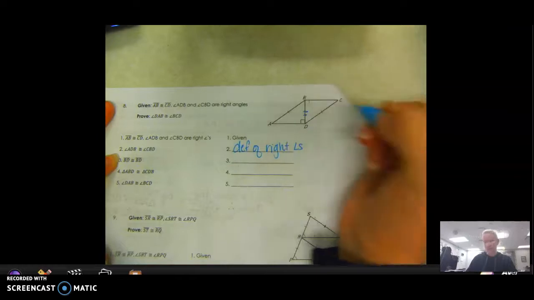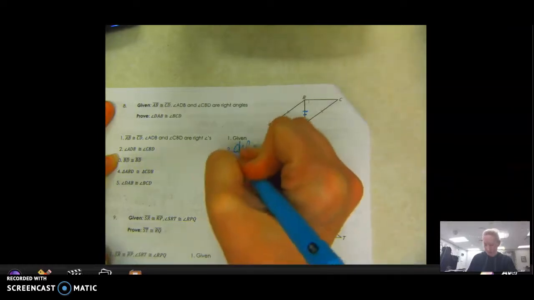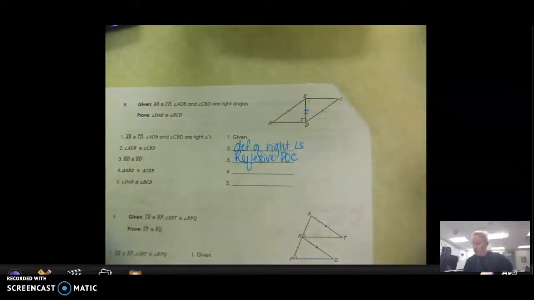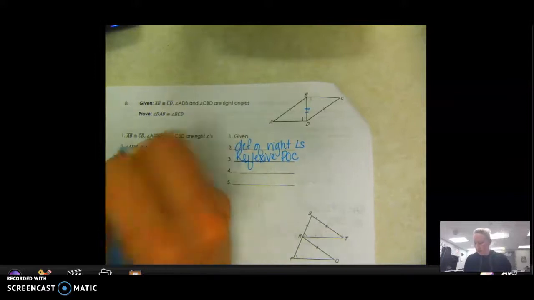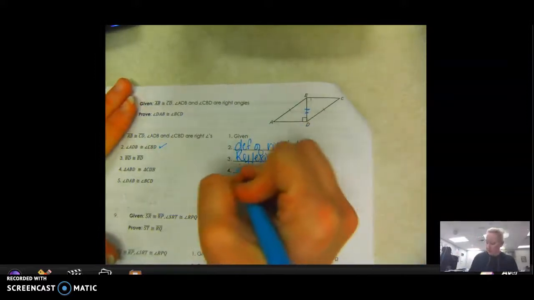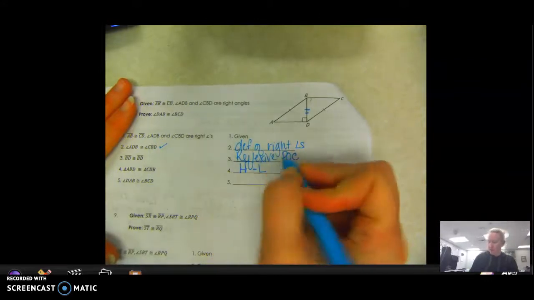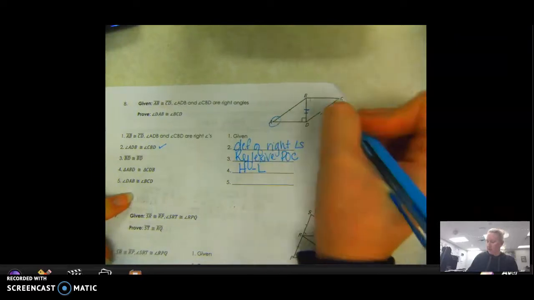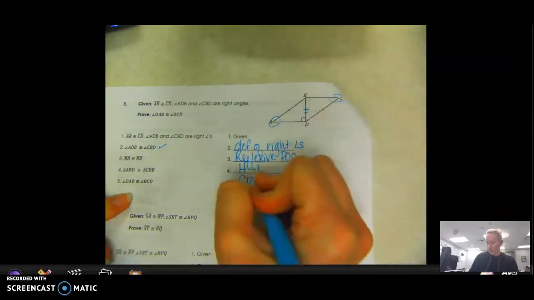BD is congruent to itself. That's reflexive. Now this triangle is congruent to this triangle. Now, they put this step in, guys, but we did not need to know that because we can prove this by hypotenuse leg. So those two triangles are congruent by hypotenuse leg. Therefore, angle DAB, this angle down here, is congruent to this angle up here by CPCTC.